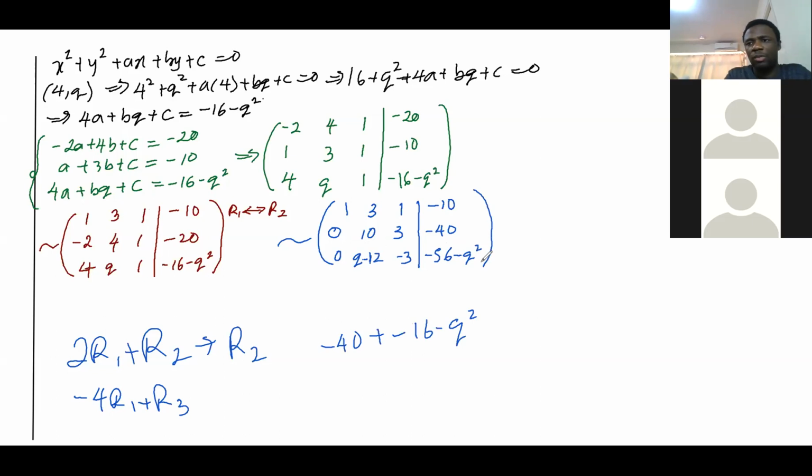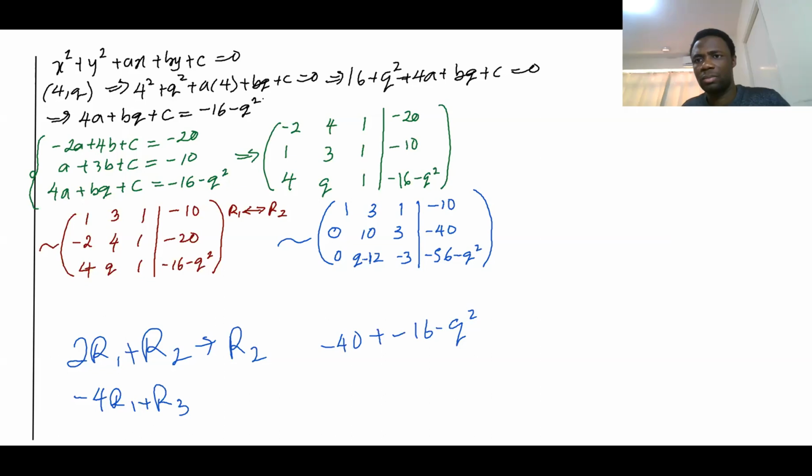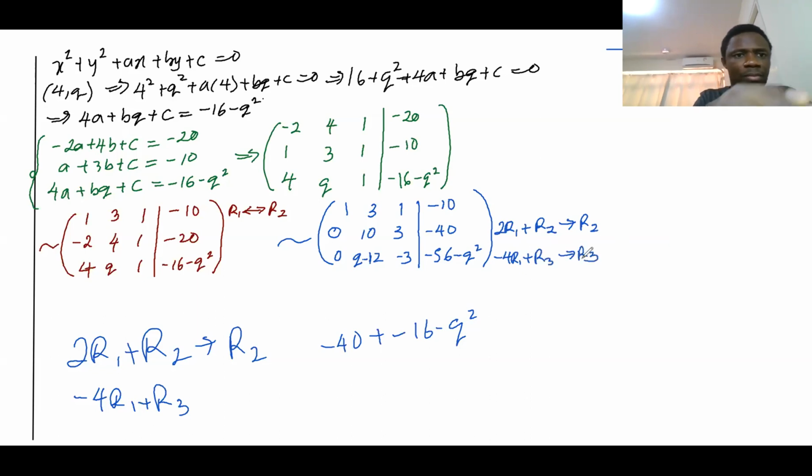So the two operations for this are 2r1 plus r2, and negative 4r1 plus r3 is now the new r3.